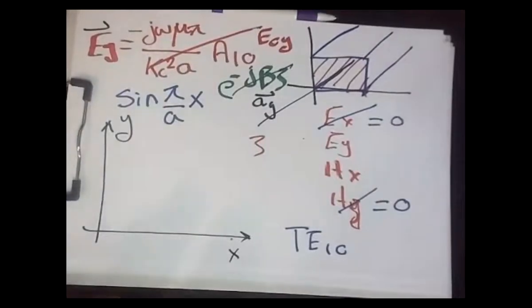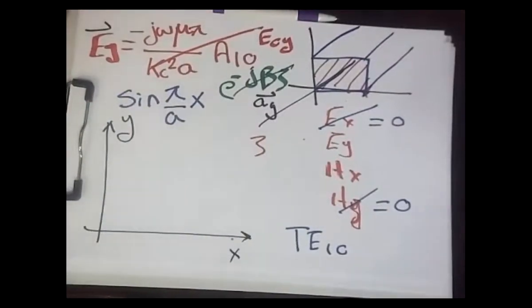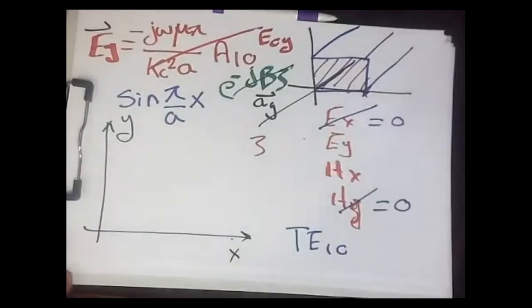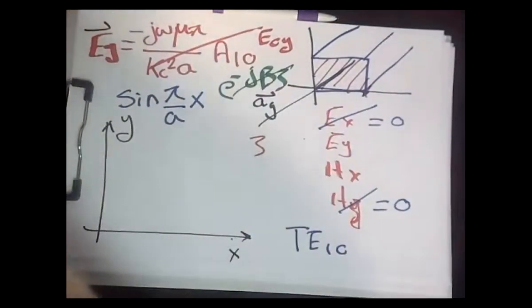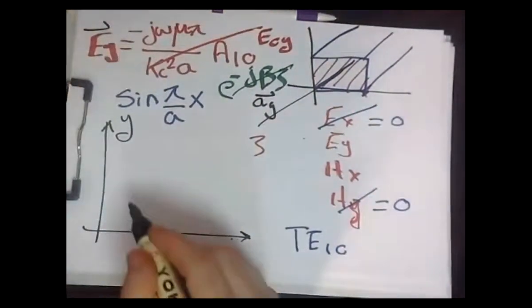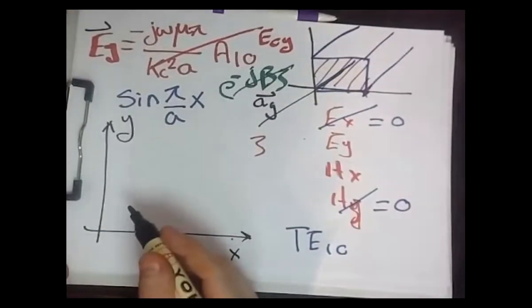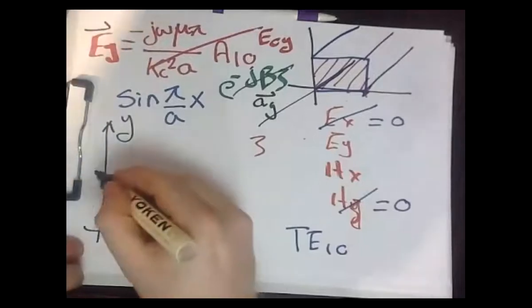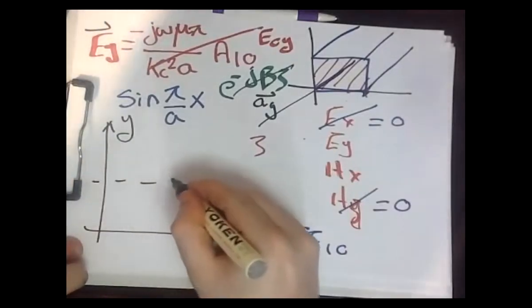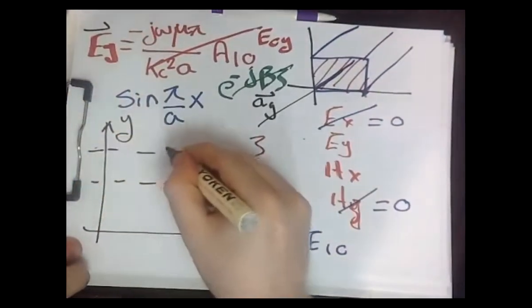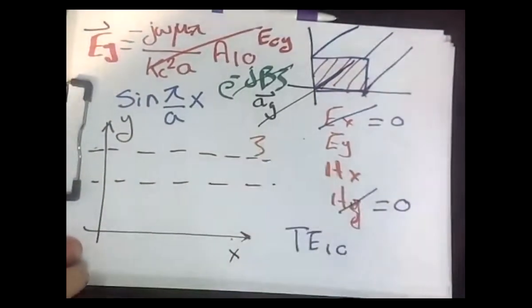How can we plot such a sinusoidal signal? Here we have x and y. We don't have any variation along y. A constant value of y means, for example, something like these dotted lines.